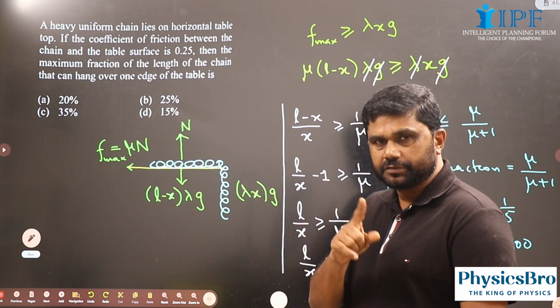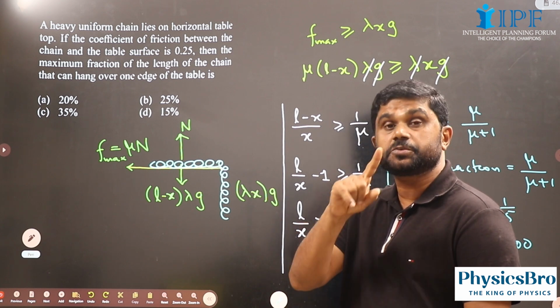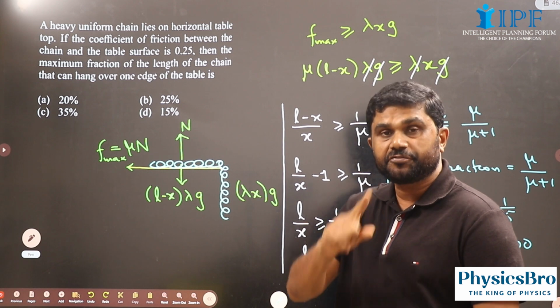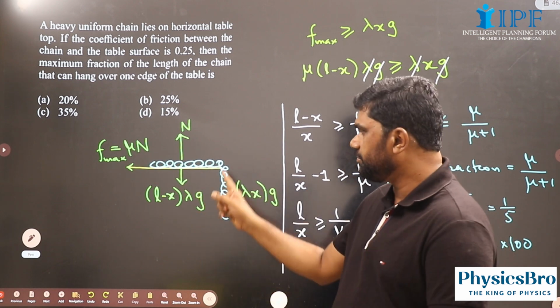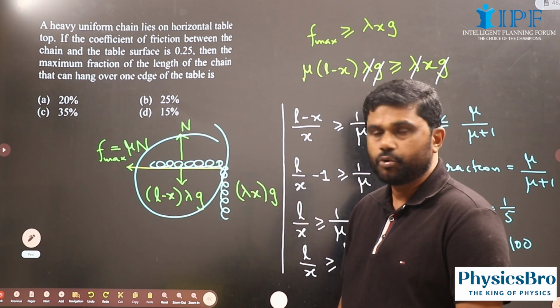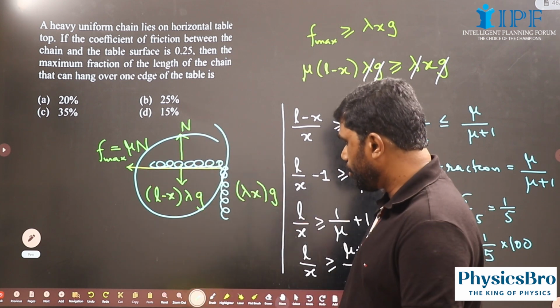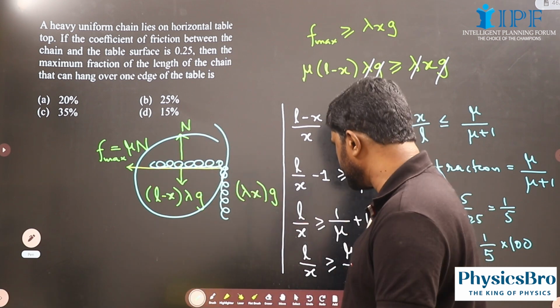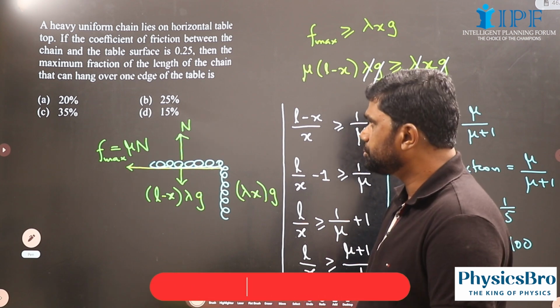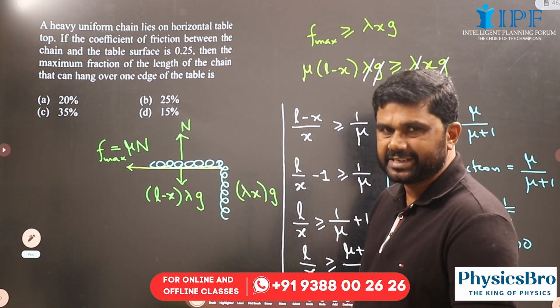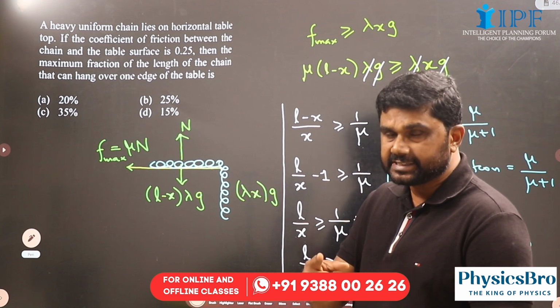That weight of the hanging part is the force which produces the motion, or the force which favors the motion. The force which opposes the motion will be the friction acting on the part of the chain that is over the table. What is the length of the chain over the table? That is L minus x. Mass per unit length is lambda.